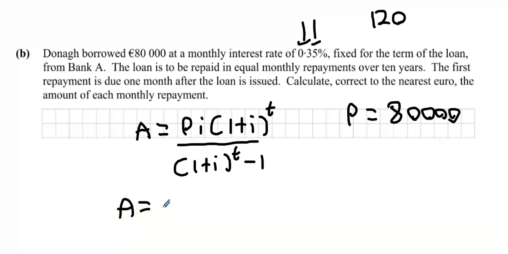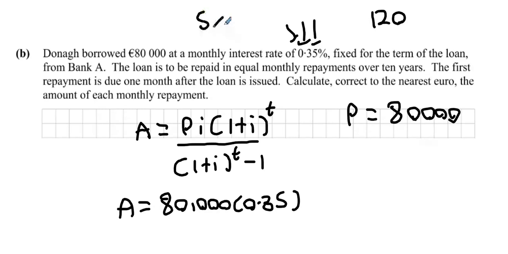What's the P-value? 80,000, yeah? Or the i-value? Oh yeah, I made that mistake last time. I did 0.35 last time, but you've got to remember that's in percentage. We want it in decimal. If this was 5%, we'd be using 0.05. So a common mistake is people forget the other two zeros.